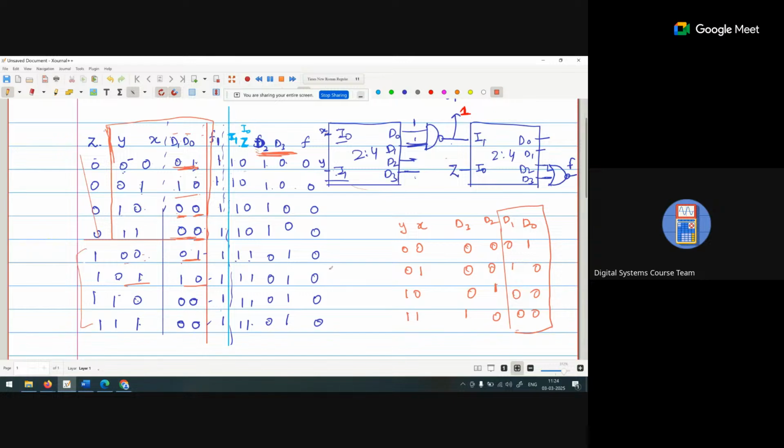Okay, so if it is 1 0, D2 is 1 and D3 is 0. If it is 1 1, D3 is 1 and D2 is 0. Now D2 and D3 will be in the NOR part.